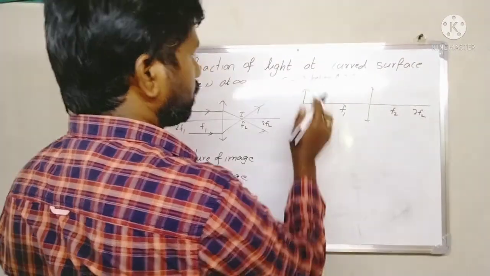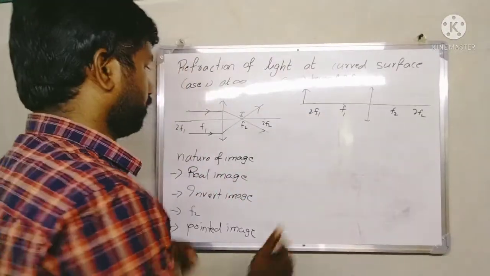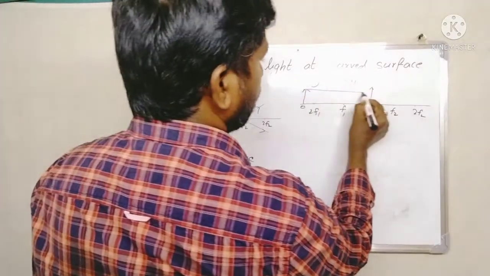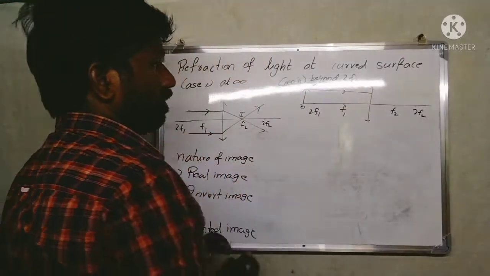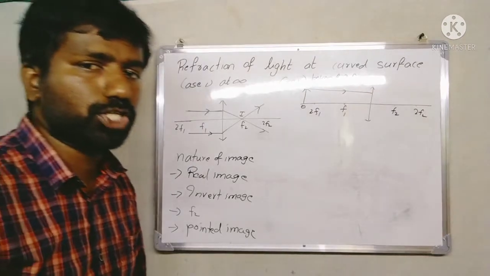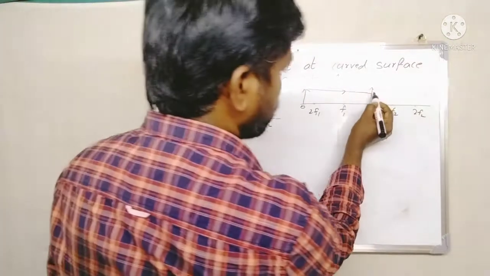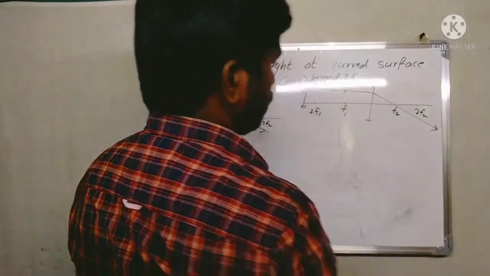A minimum of 2 rays are required to get the image of an object. So this is the object, right? And an incident ray parallel to the principal axis. If any incident ray is parallel to the principal axis, we know that it passes through the focus, so in this direction.